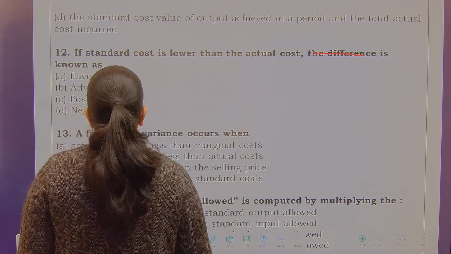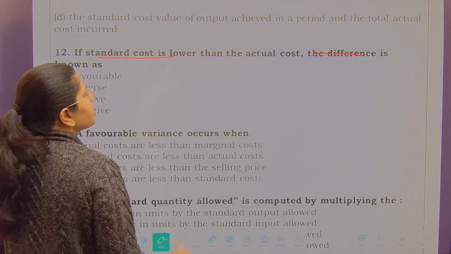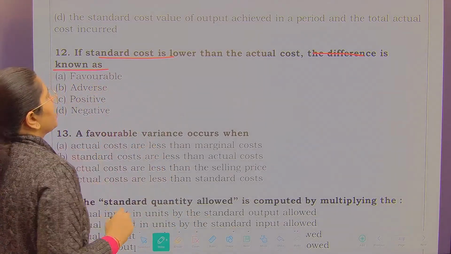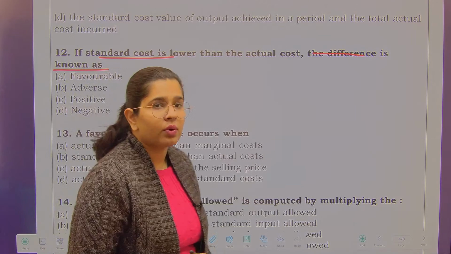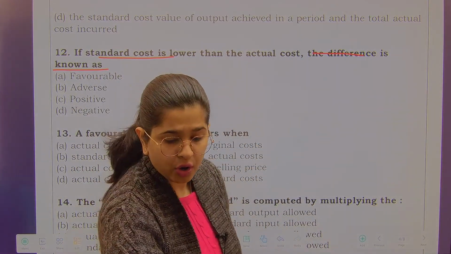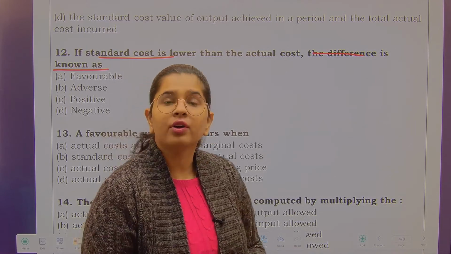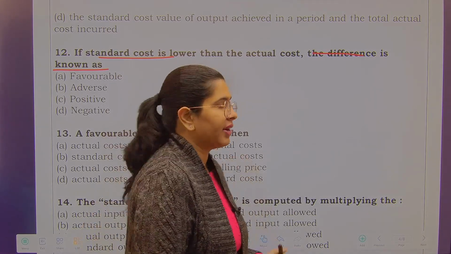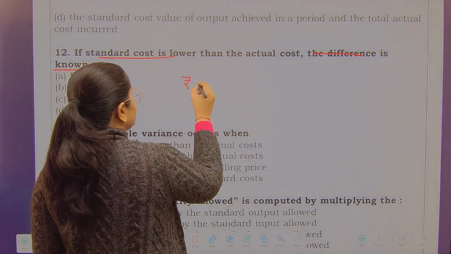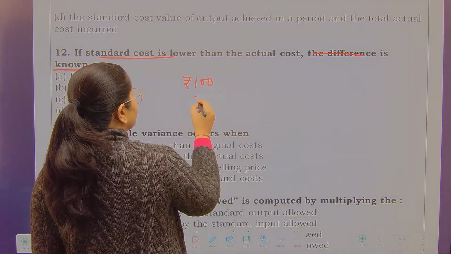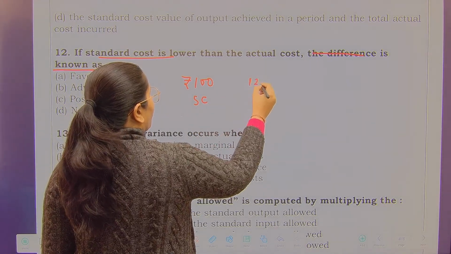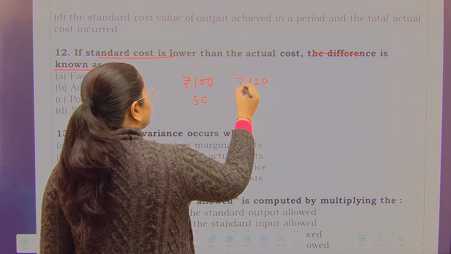Question number 12. If standard cost is lower than the actual cost, the difference is known as... Standard cost is lower than the actual cost means you have incurred more than your standard cost. You should not have done that, right? Standard says that you should have incurred just 100 rupees, but instead, you have actually incurred 120 rupees.